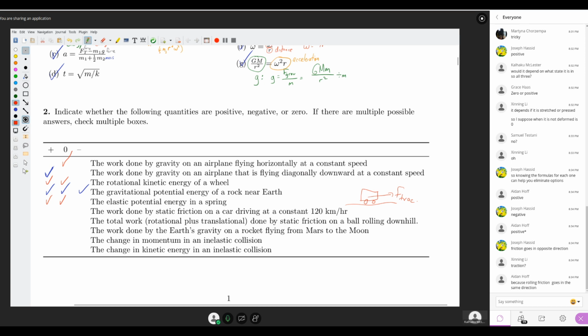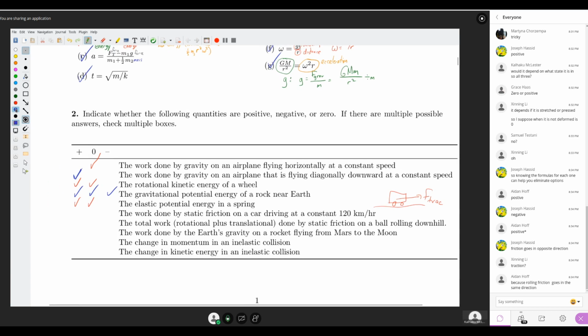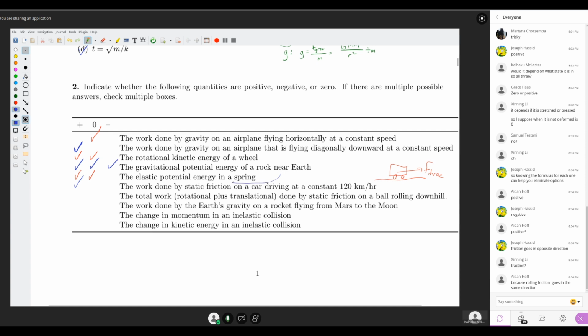So the work done by static friction has got to be forward. That's why we have to put engines in cars, right? So here the work done by static friction is positive, because that traction force of static friction, remember traction is a special case of static friction, is what sustains my car's motion in the face of air resistance.